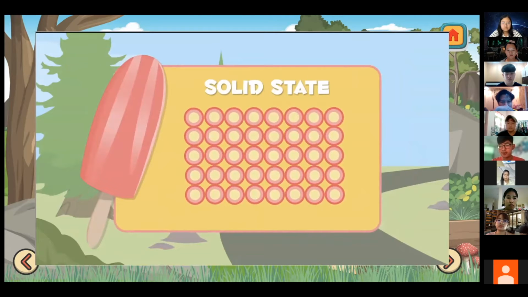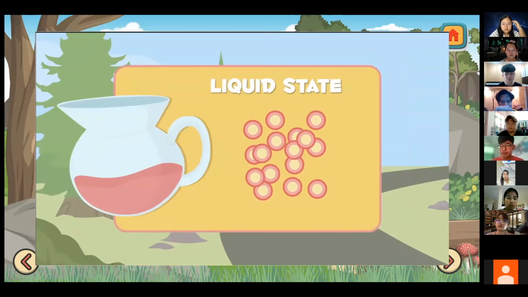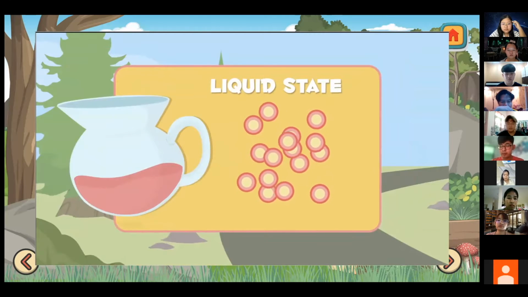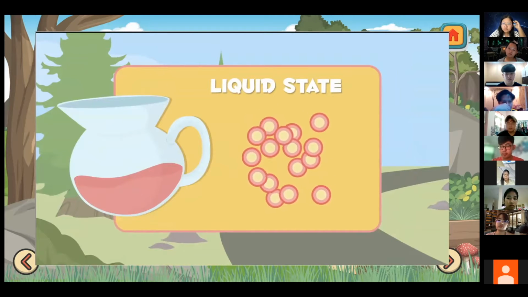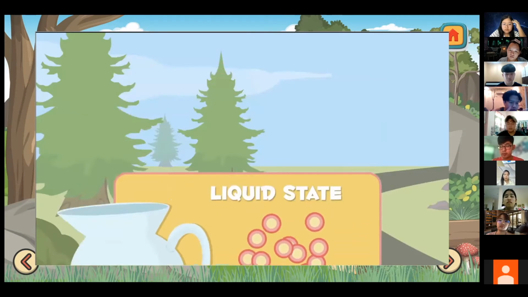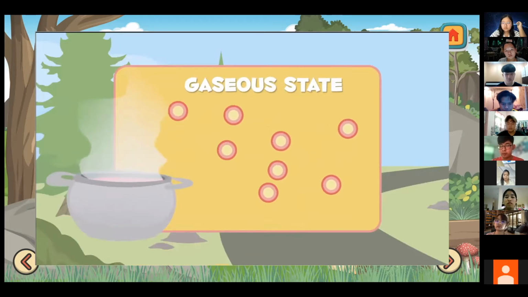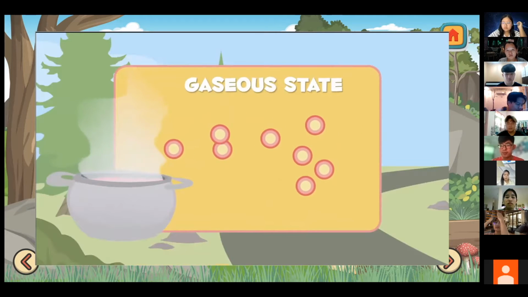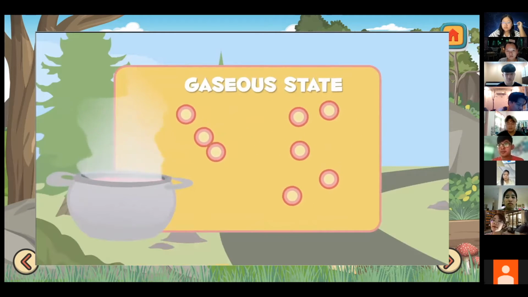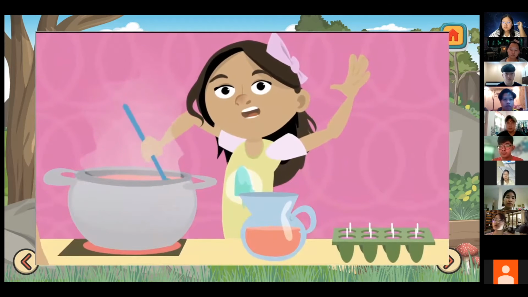Solid matter has a definite shape and volume. Particles are well organized and held closely together. Liquid matter takes on the shape of its container, occupying always the same space. Besides, particles are separated and can move freely. Gas matter doesn't have a fixed shape or volume. Its particles are well separated and can move freely. That is all about states of matter.